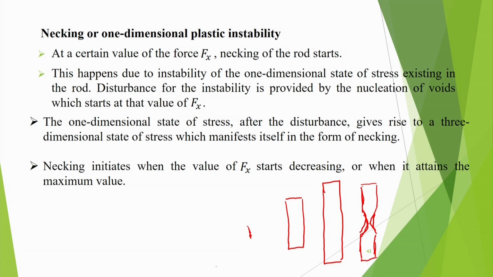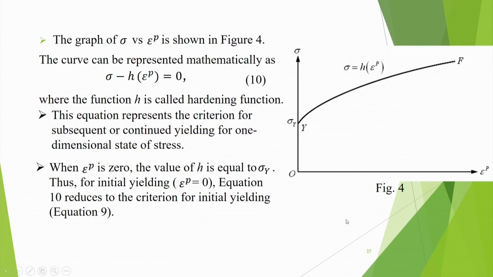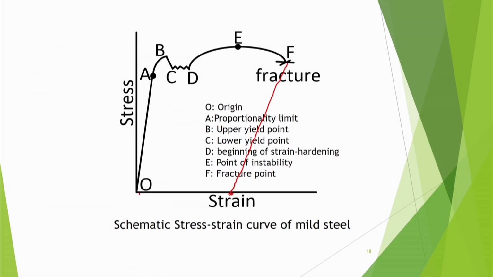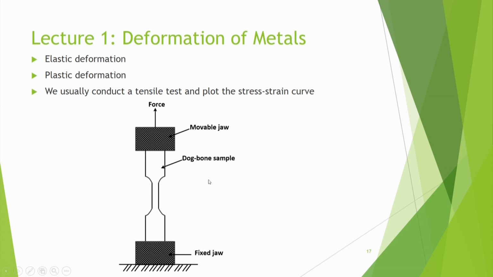We have already shown one typical stress strain diagram of mild steel. Here you had a dog bone type of sample. This cross sectional area will remain uniform, but when the necking starts, that portion will become radial type of thing, and the state of stress will no longer be uniaxial, it will become triaxial.